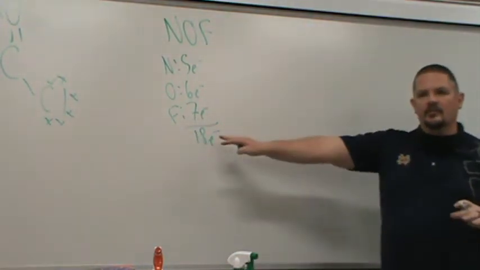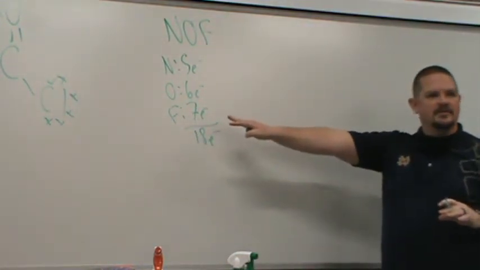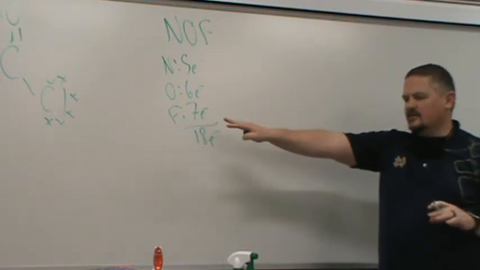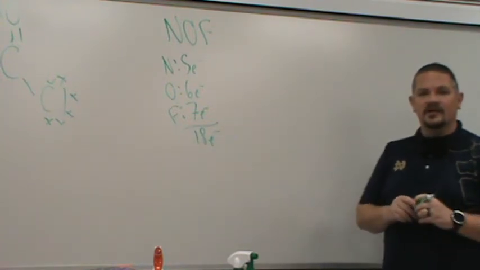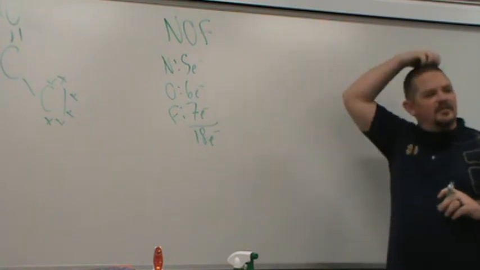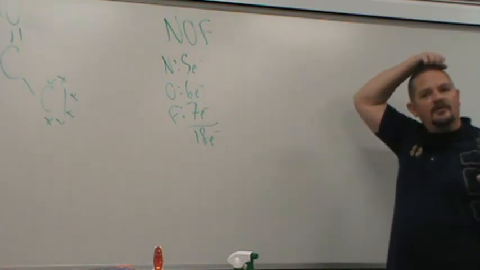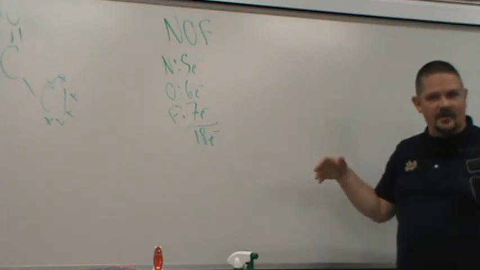Are we coming up with 18 electrons? 18. Been a long day. Alright, what's going to be our central atom? Nitrogen, oxygen, or fluorine? Nitrogen, because it has more unpaired electrons, right?